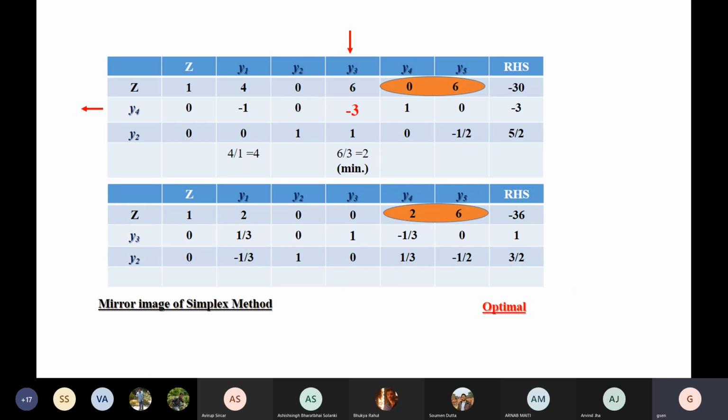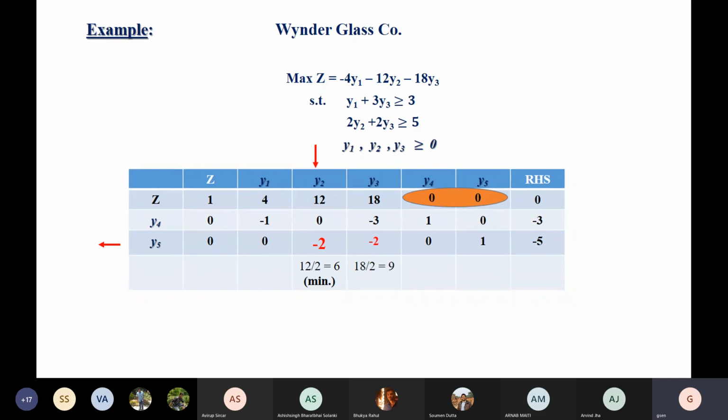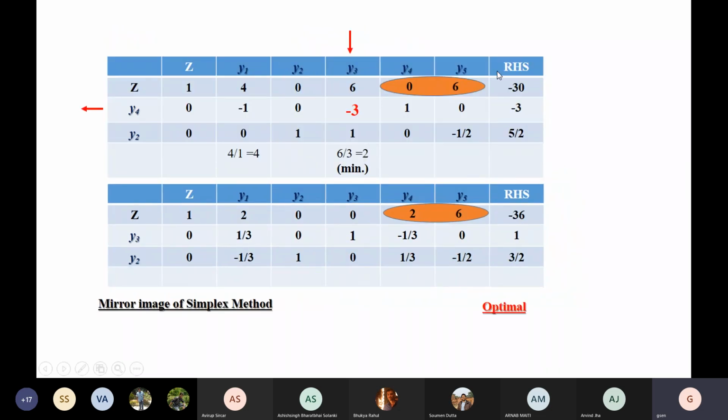So you get the next table. And you look at it very carefully to see what it is giving you again. So y5 has left and y2 has entered the base.